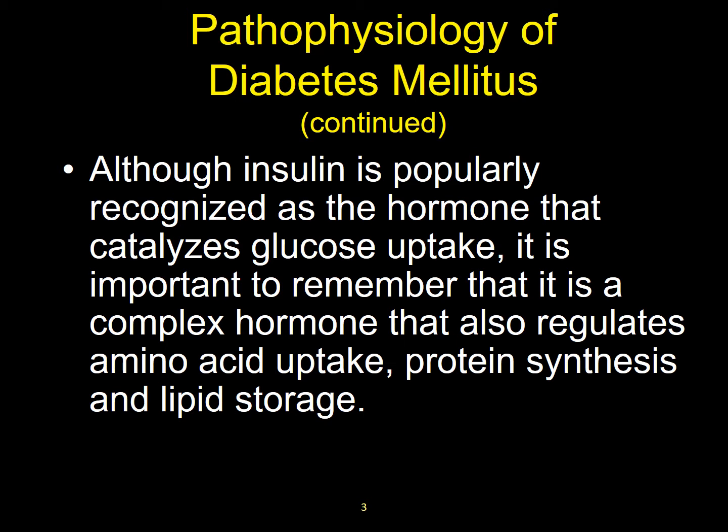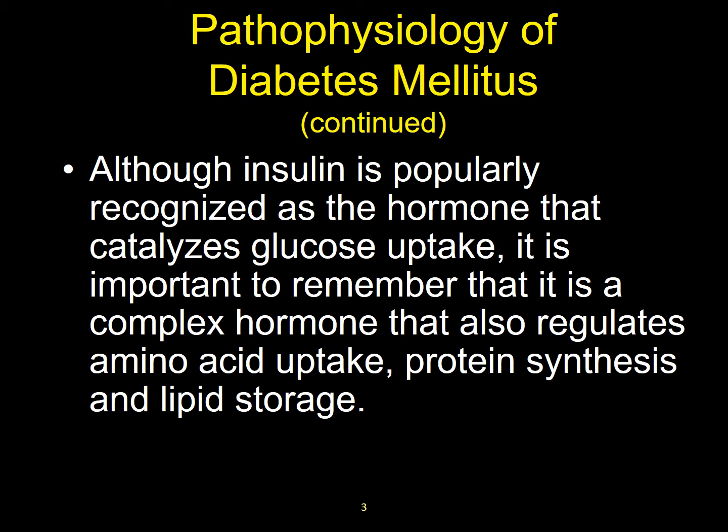So although insulin is popularly recognized as the hormone that catalyzes glucose uptake, it is important to remember that it is a complex hormone that also regulates amino acid uptake, protein synthesis, and lipid storage.